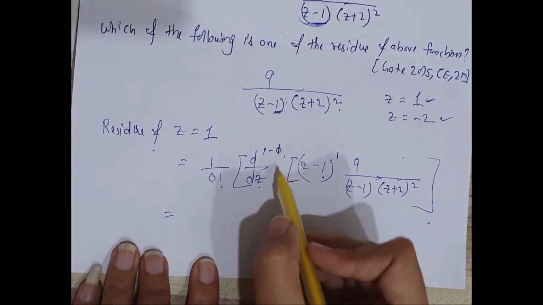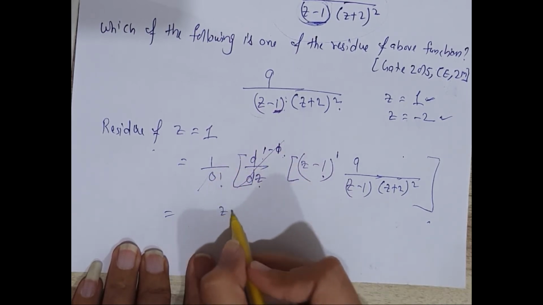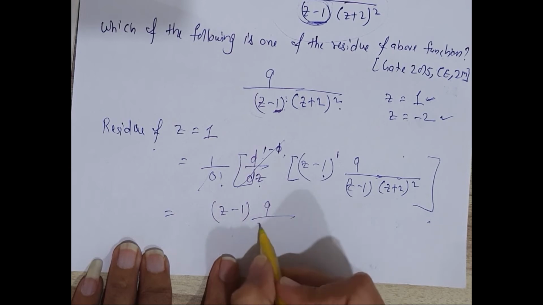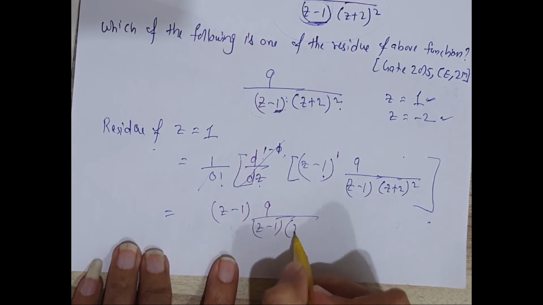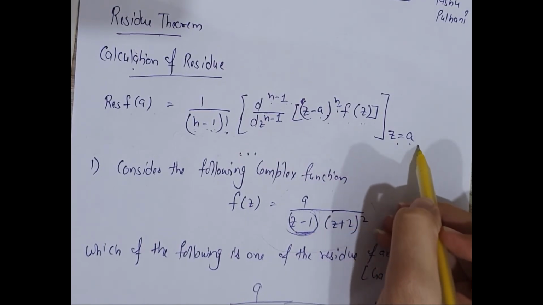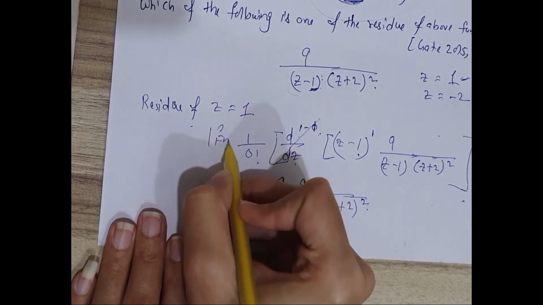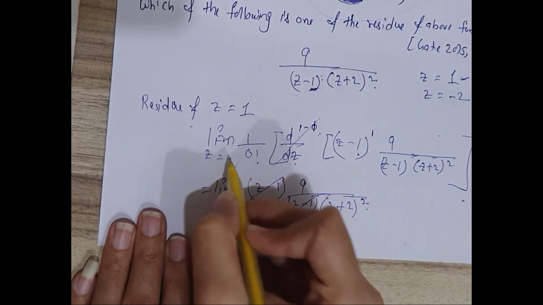Now 1 minus 1 is 0, so it means that this gets cancelled, this gets cancelled. Now we are left with only this. Now z minus a, it means that this represents the limit.